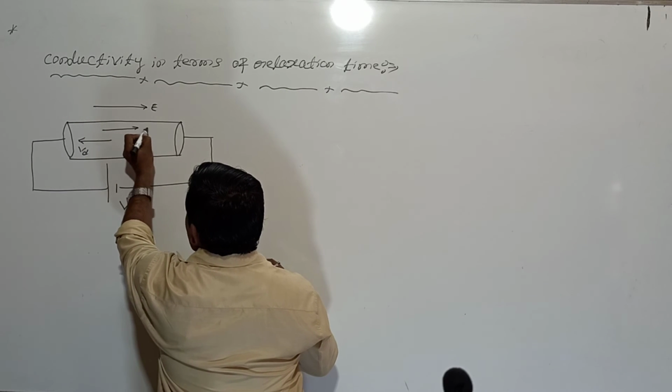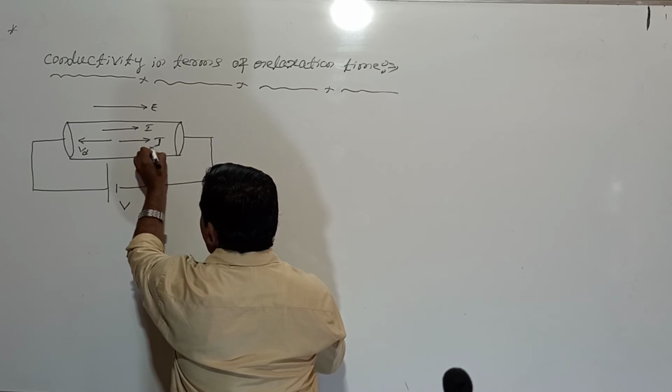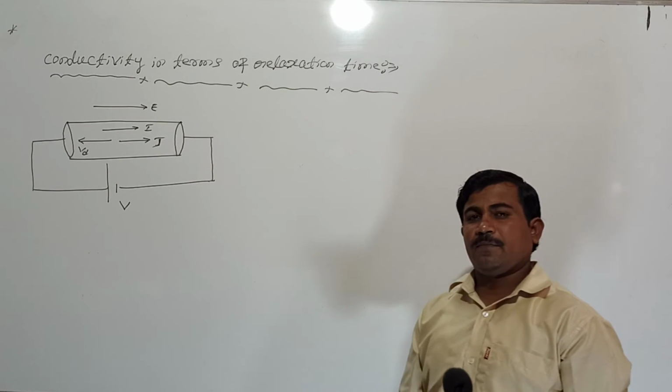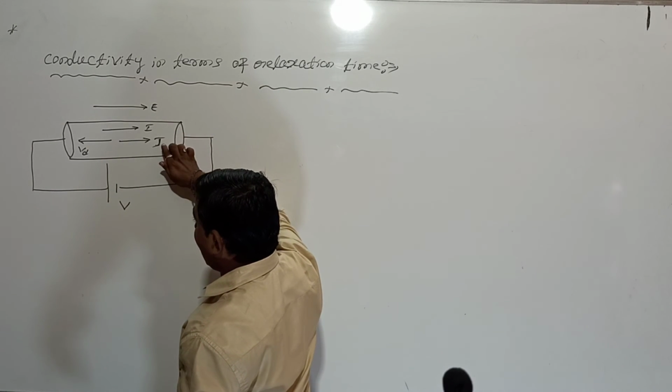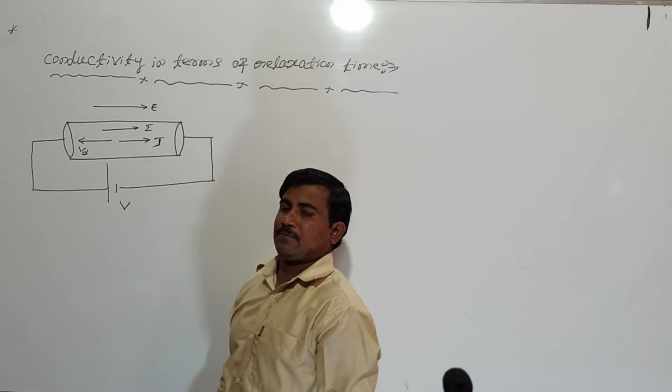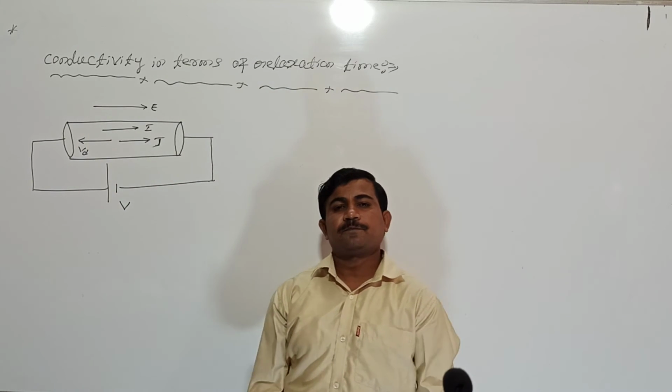Then see here. This is the direction of current, and this is the direction of current density. Look at the diagram: electric field, electric current and current density are all in the same direction, as compared to the velocity of the electrons.